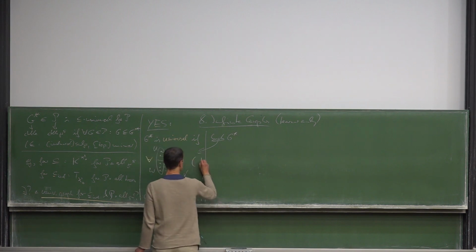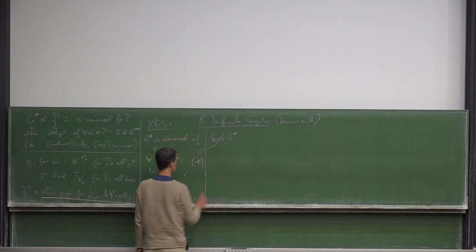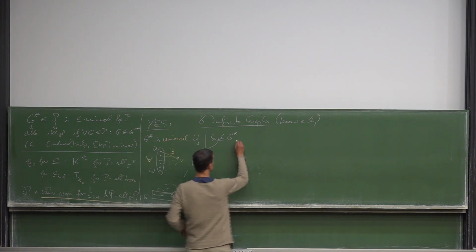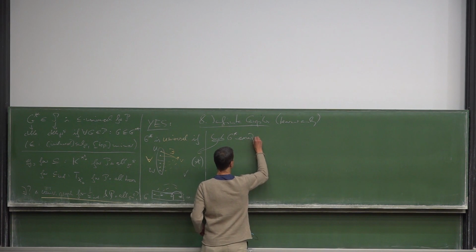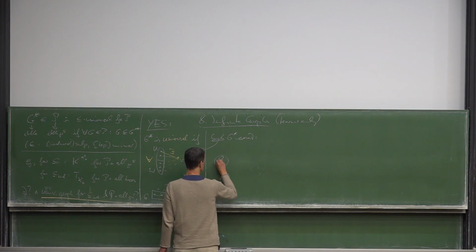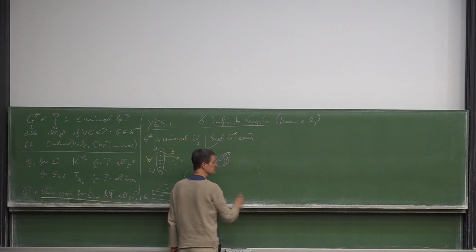So let's call this property star. Such G exist. Just build it. So for every U and W, we add a new vertex.